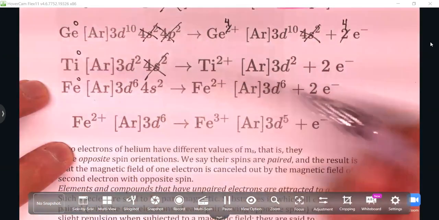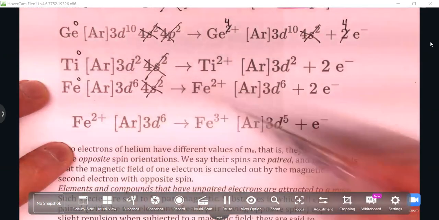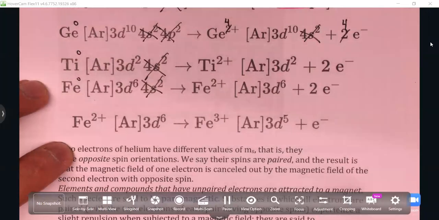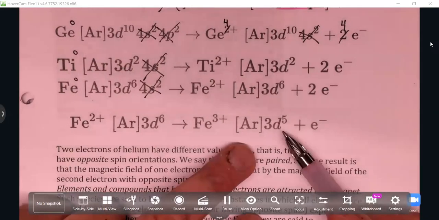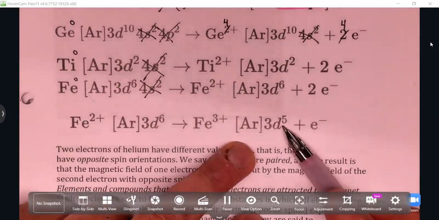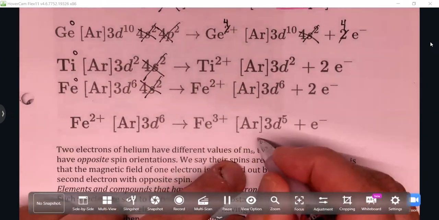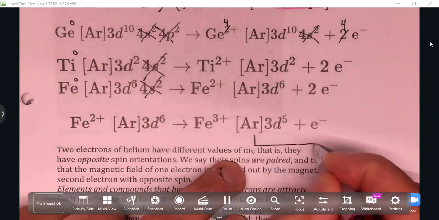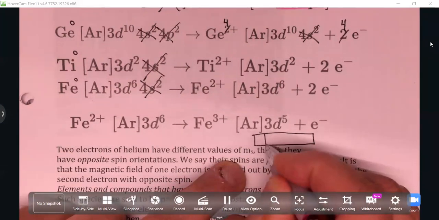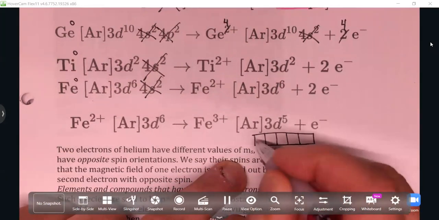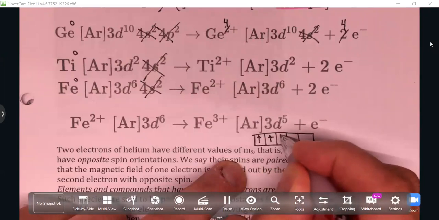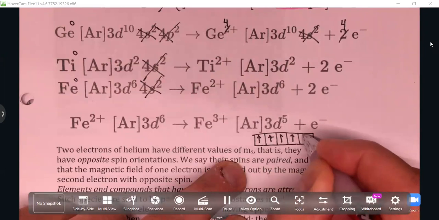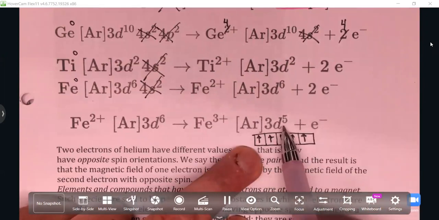So if iron gets rid of these 2, there's the +2 charge. If it gets rid of 1 out of the D, it stops. Because when you have a D5, that's my D5.